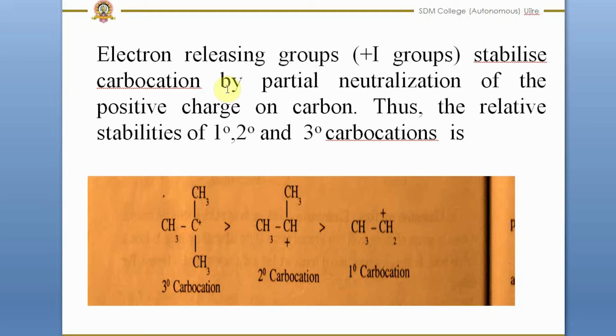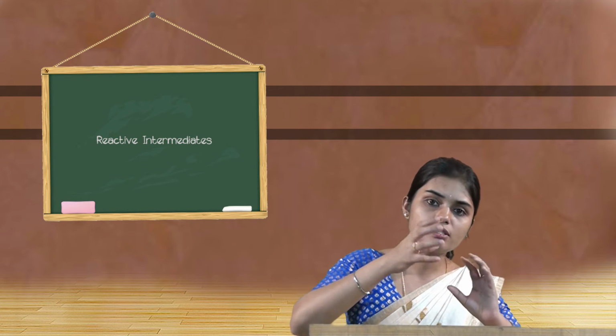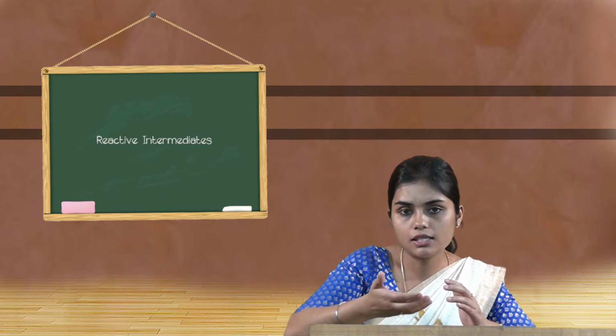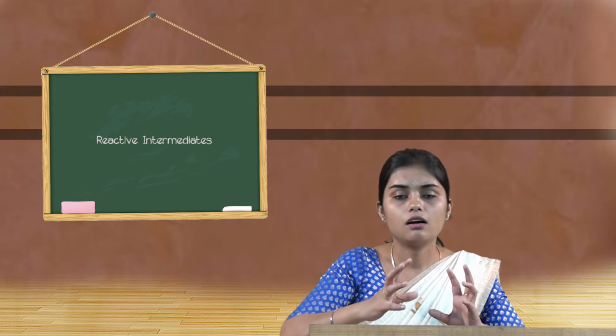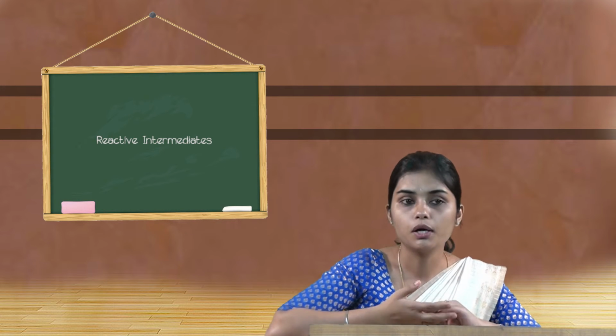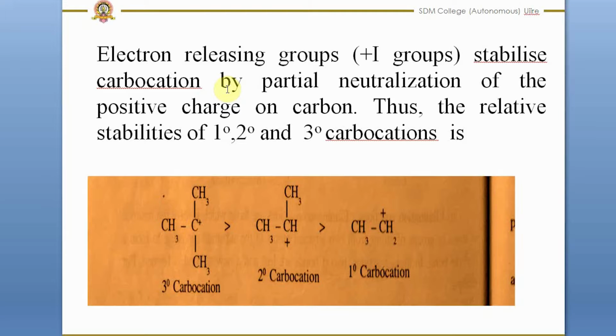The alkyl groups are good electron releasing groups. As the carbocation is electron deficient, by releasing electrons to that particular carbon, they enhance the electron density over the carbon and it gets stabilized. Always the deficient one is comfortable with a sufficient one. Because of that, the tertiary carbocation is stable when compared to secondary and primary.